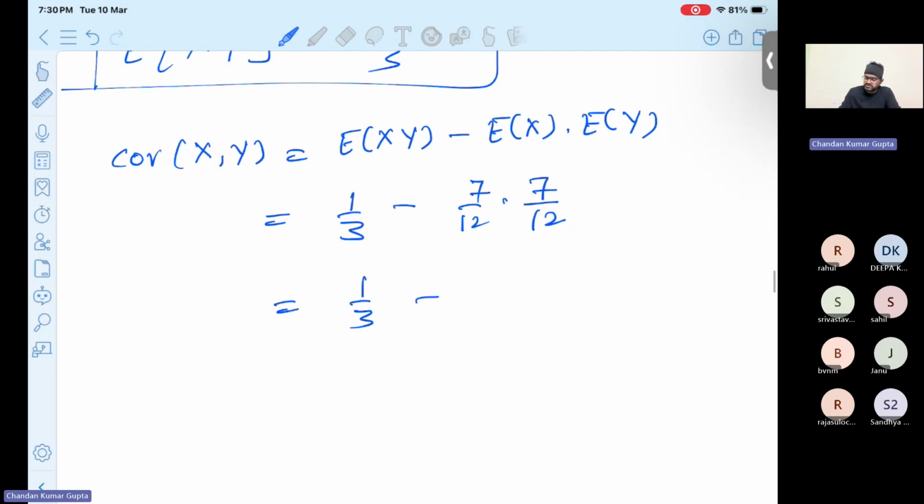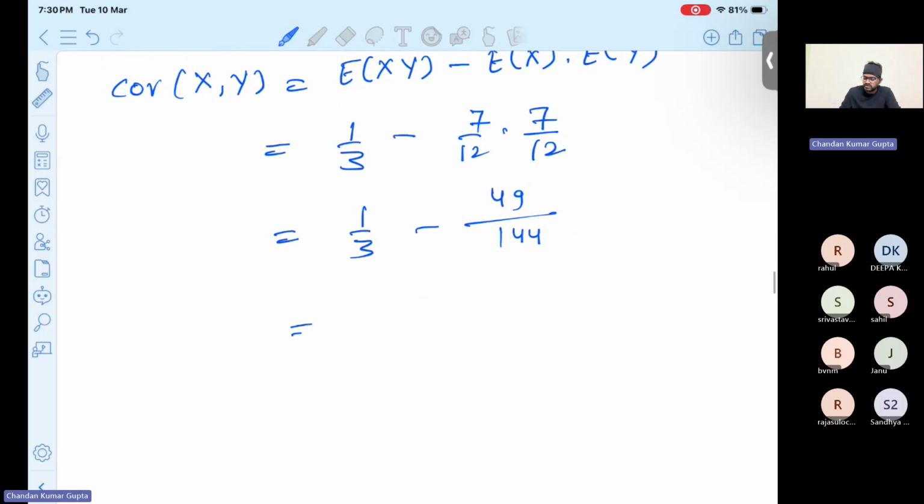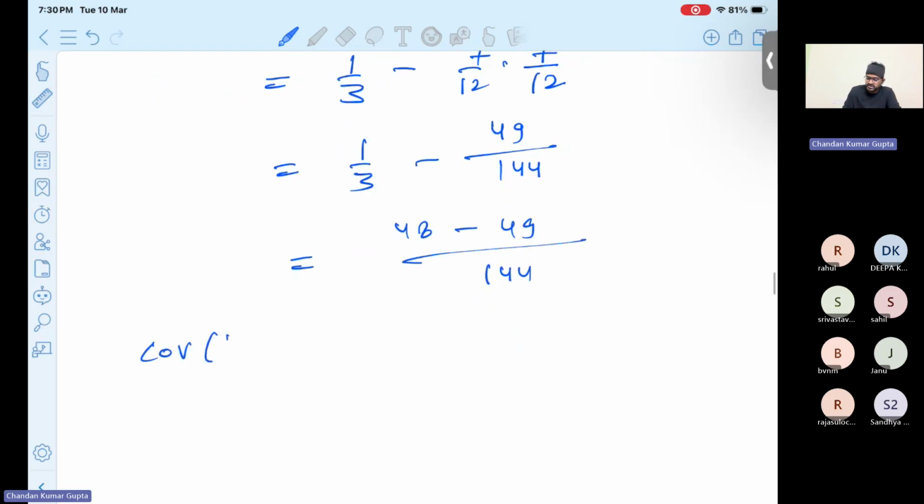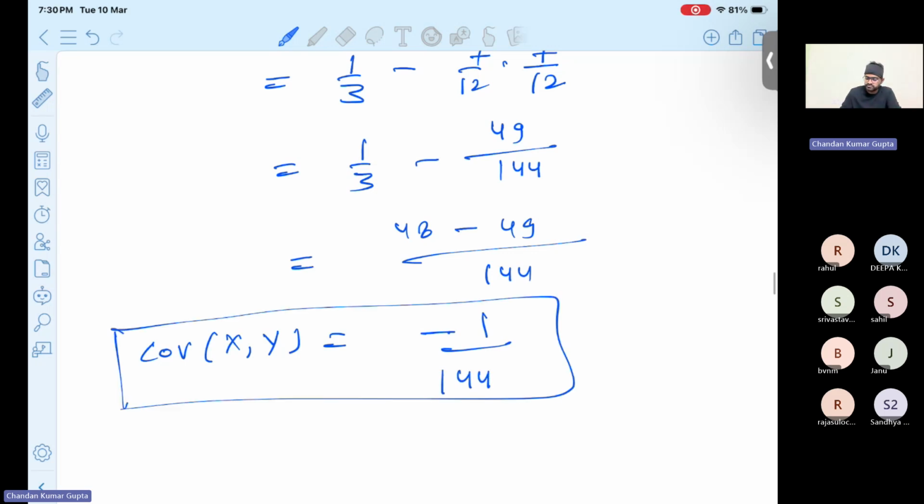So it is 1 by 3 minus 49 by 144, that is 48 minus 49 over 144. So the covariance of xy comes out to be minus 1 upon 144. Hope up to this point everything is okay.